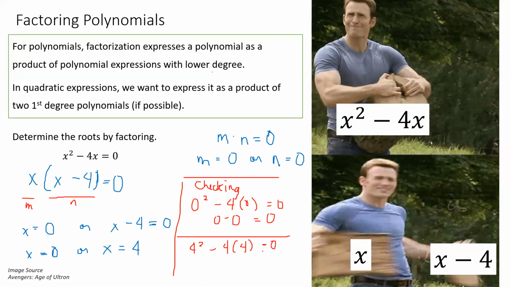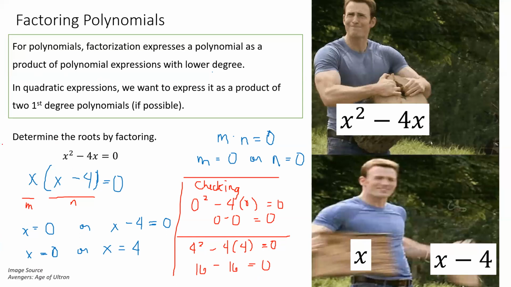So 16 minus 16 equals 0. So this is another true equation. And these are the only possible solutions for this quadratic equation. You can try other values, but you will get a contradiction.